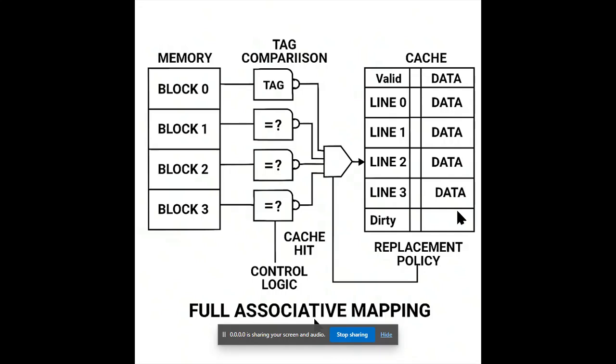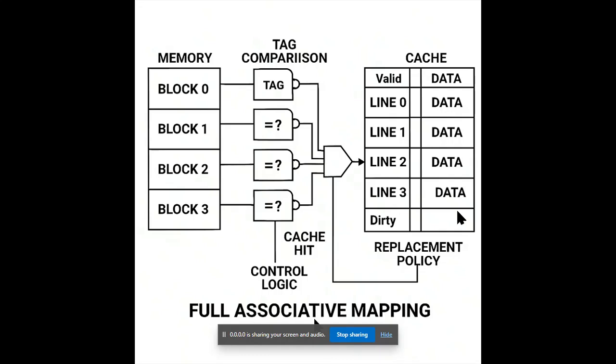This parallel search is what makes fully associative mapping powerful and fast. Checking for validity: each cache line has a valid bit, and only lines marked valid are considered for a match. If a valid line matches the incoming tag, then it's a cache hit. If not matched, then it's a cache miss.